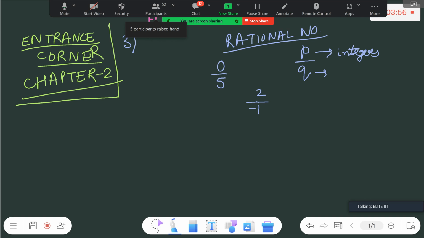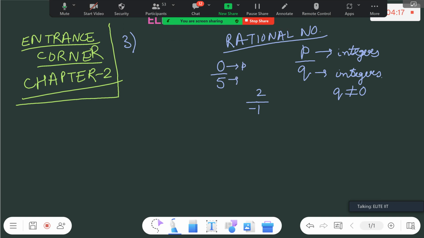Okay, so what do we know about rational numbers here? That P and Q both should be integers. And another important condition is that Q cannot be 0, isn't it? Q cannot be 0.